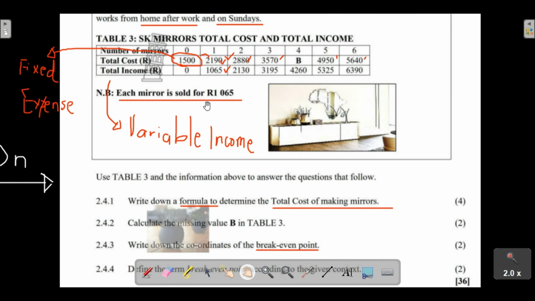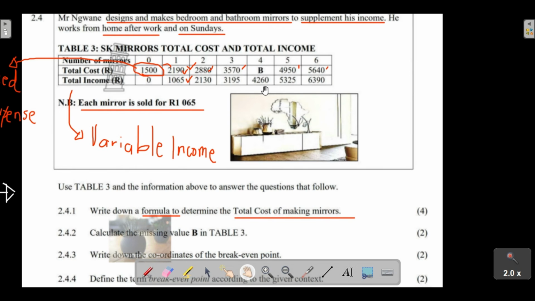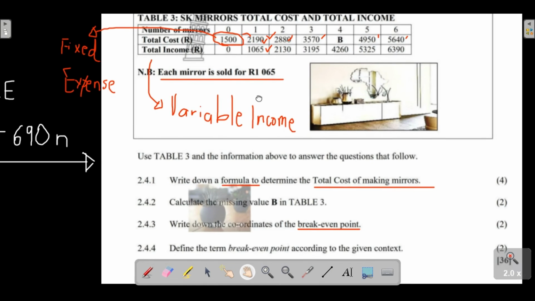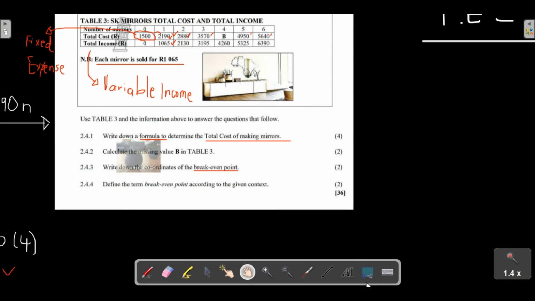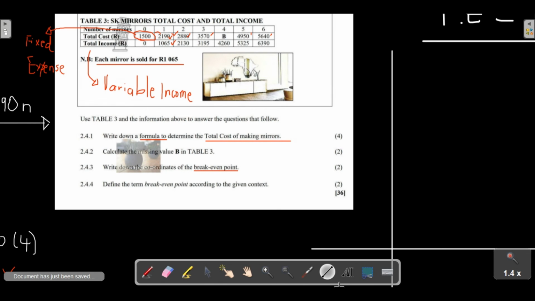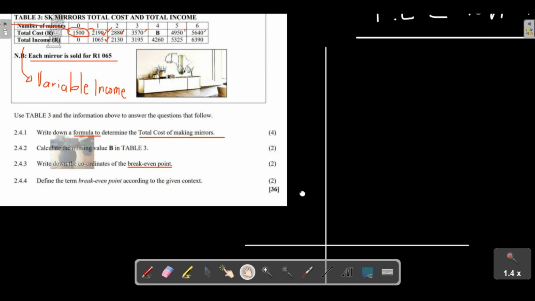So for the coordinates, I think we should also make a video on the graph, because some people really find it difficult. So in this case, the graph would look something like this.